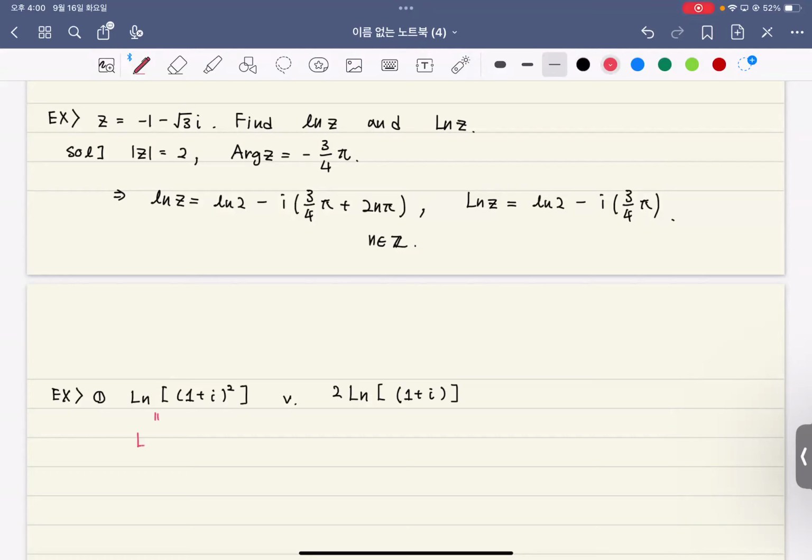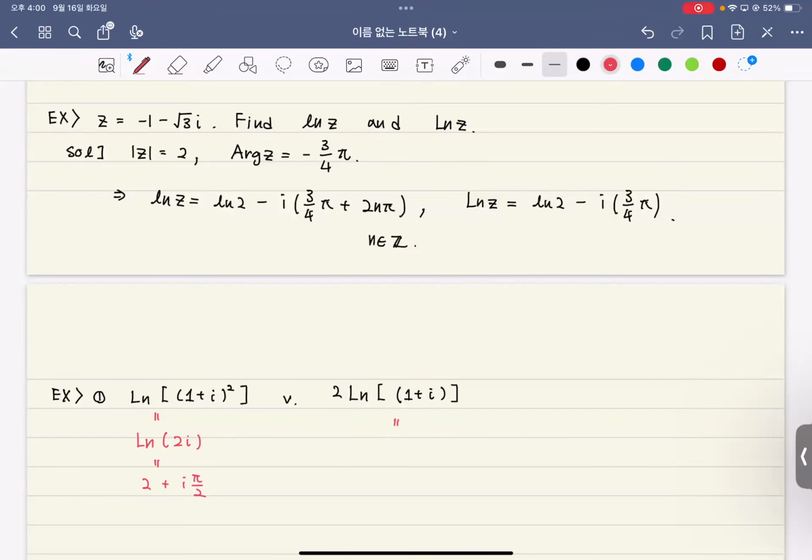This is simply ln of 2i, right? And this is just ln 2 plus i times pi over 2.